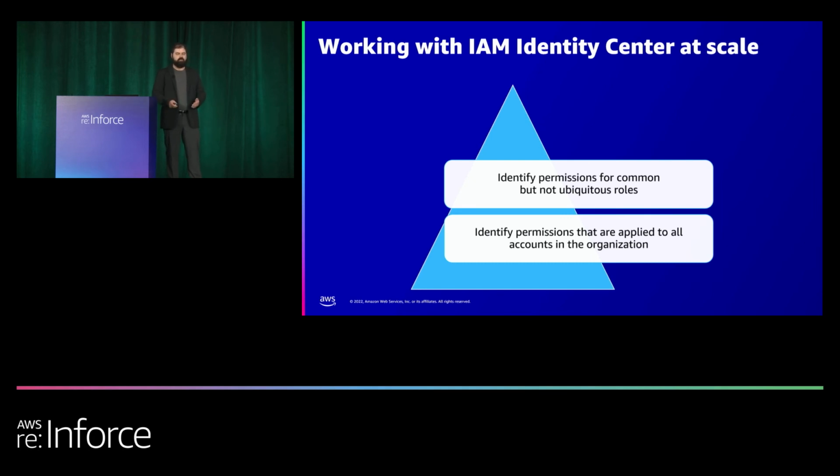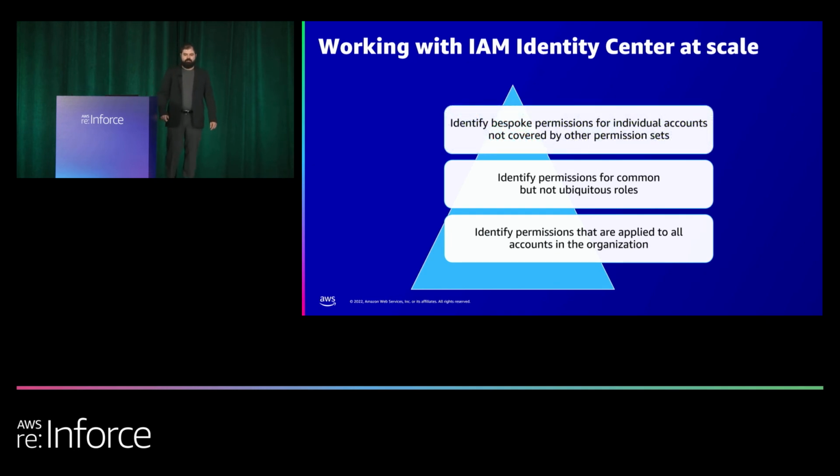And so maybe you have 2 or 3 different groups of Kubernetes administrators depending on the application, or maybe you have different groups in each account who need to access EC2. But the permissions for those groups are the same. And so that's typically the second group of people that I recommend customers identify as they're building out their IAM Identity Center infrastructure.